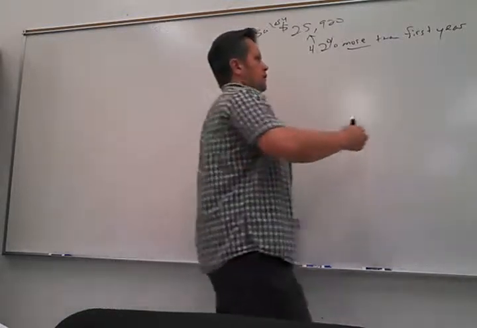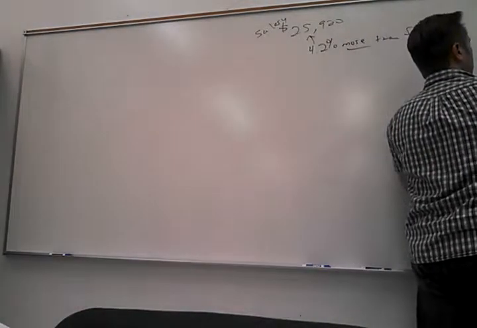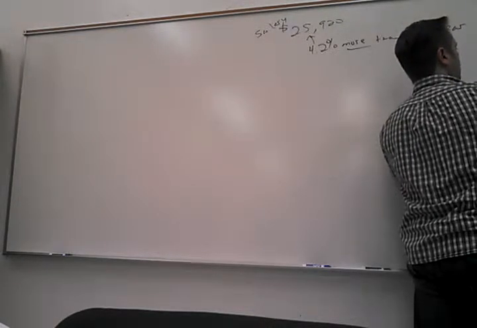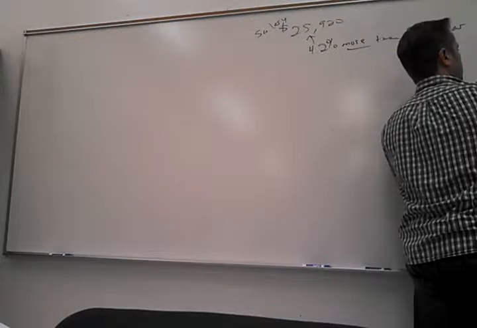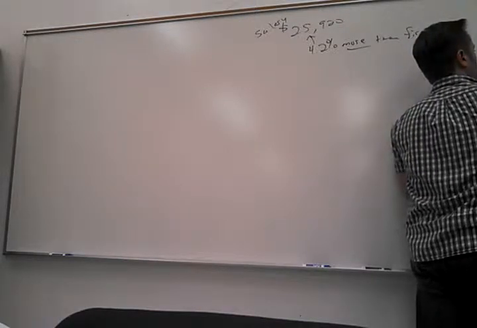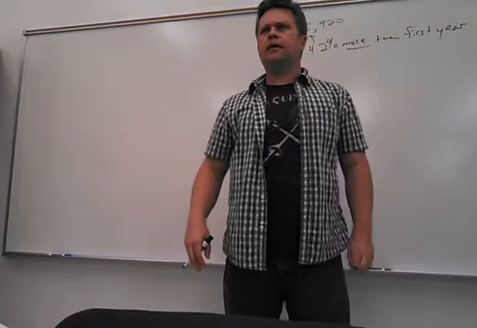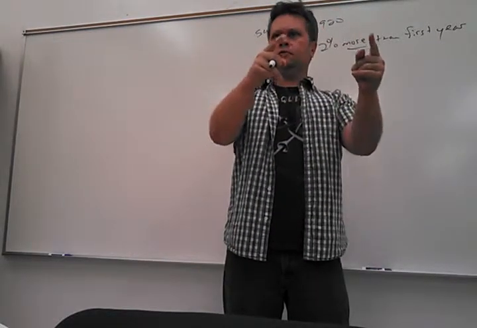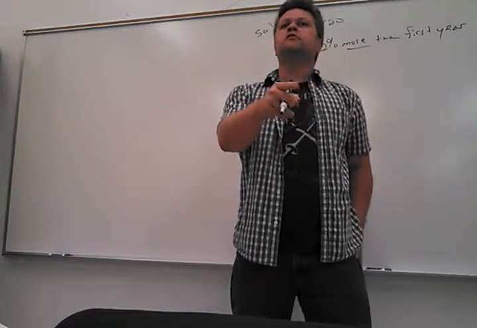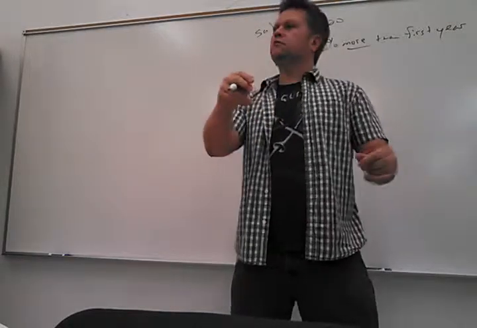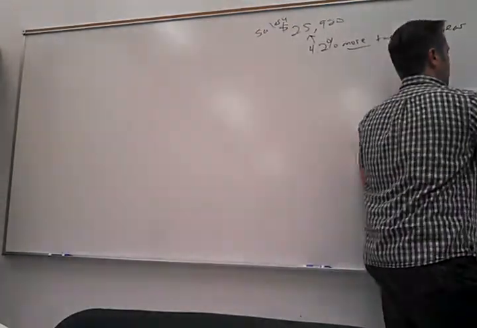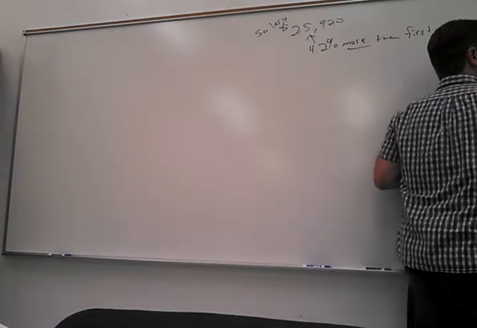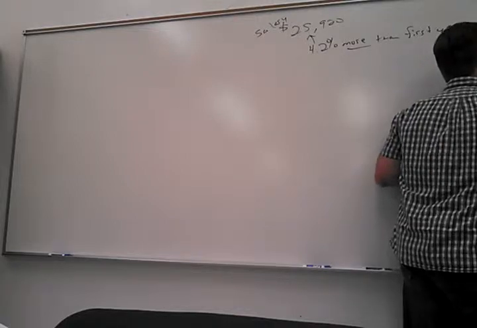So if I was making $10 an hour and they gave me a 20% increase, how much money am I making now an hour? How do you figure it out? You take 20% of 10, which is 2, and then you add that back on to 10.